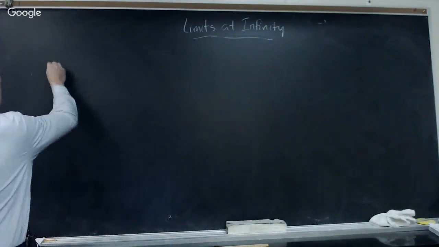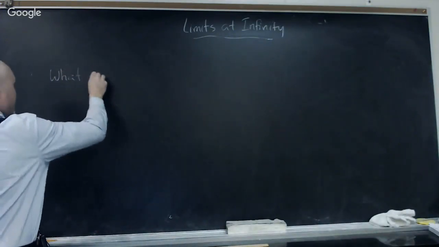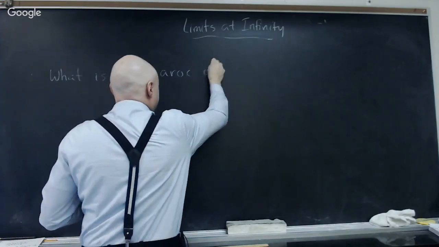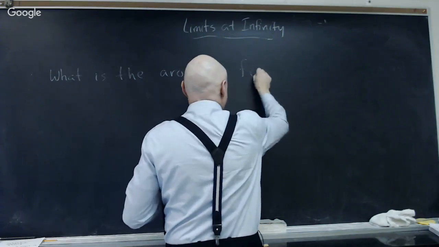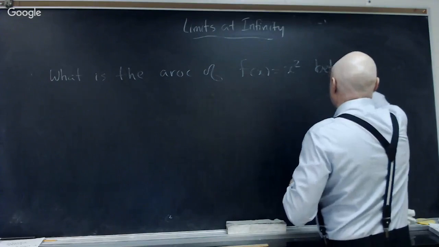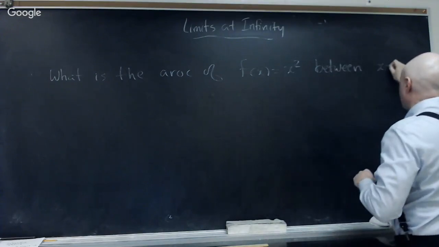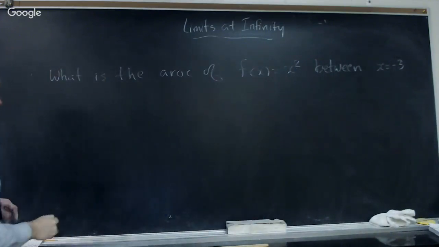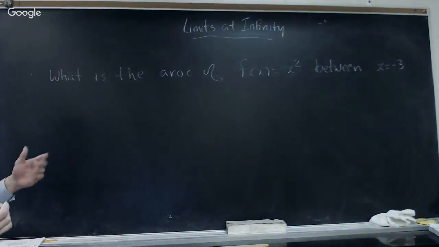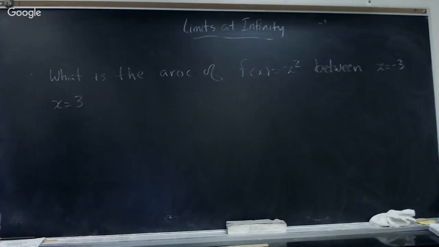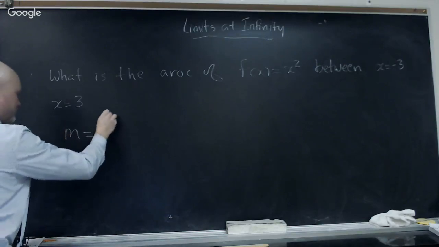So that could be: what's the average rate of change of f at x equals x squared between x equals -3 and x equals 3? And so you can basically say, yes, that's equal to the slope.